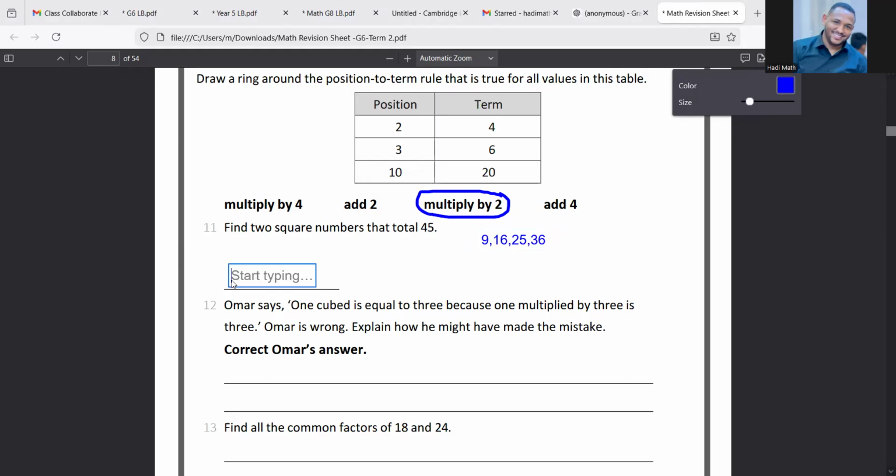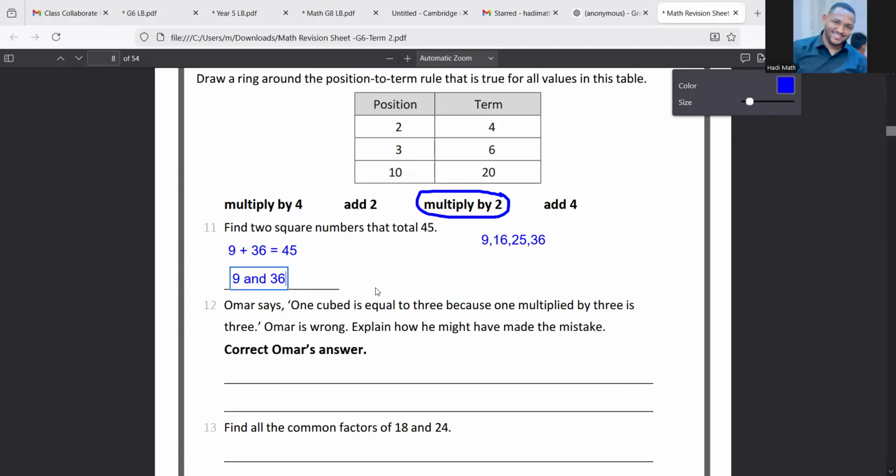I get 9 plus 36 equals 45. So the two square numbers are 9 and 36.